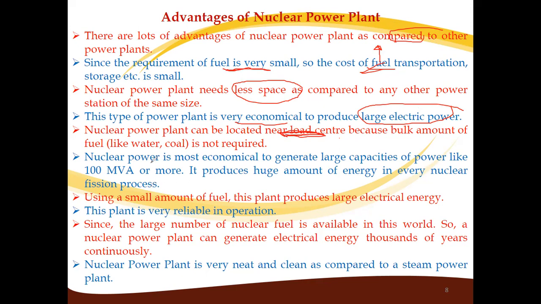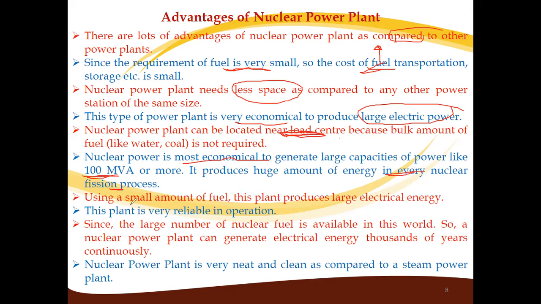The nuclear power plant is most economical to generate large capacity of power, say 100 megawatt and more than 100 MVA. It produces a high amount of energy in every nuclear fission process. So from that, it is very economical to generate large power.